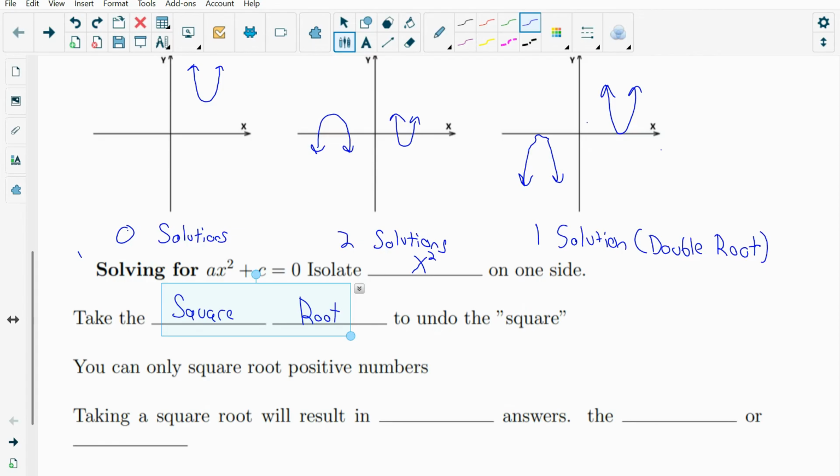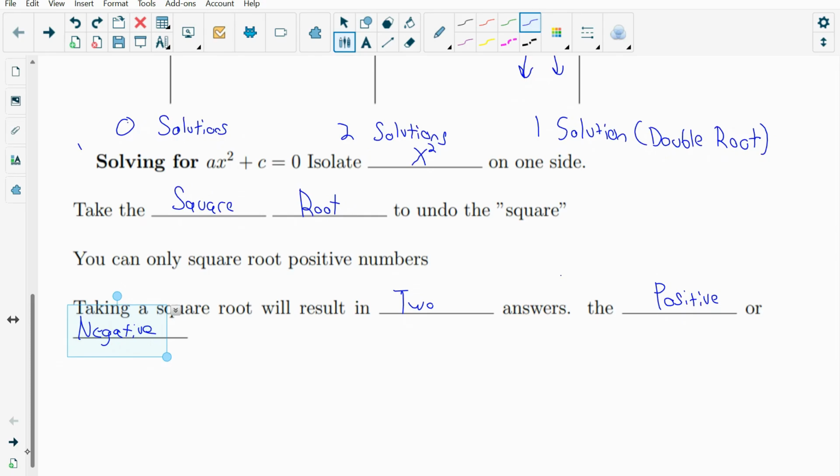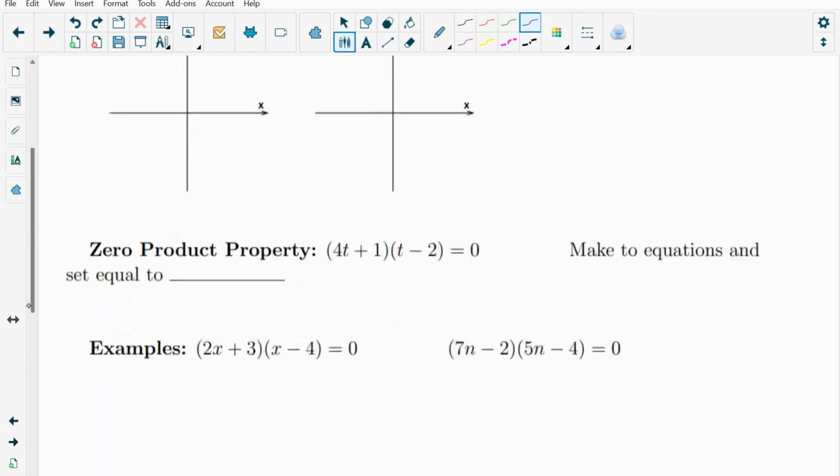Remember, you can only take the square root of positive numbers, and taking the square root will result in 2 different answers. Those answers will be either positive or negative. That means that when you take the square root, you will have to have plus or minus whatever your solution is.